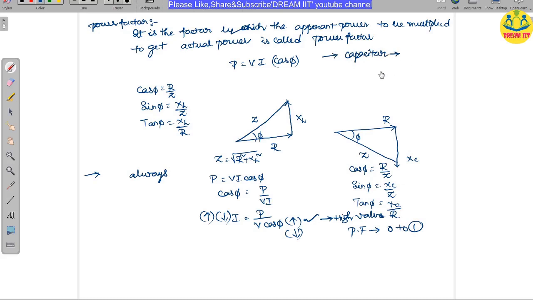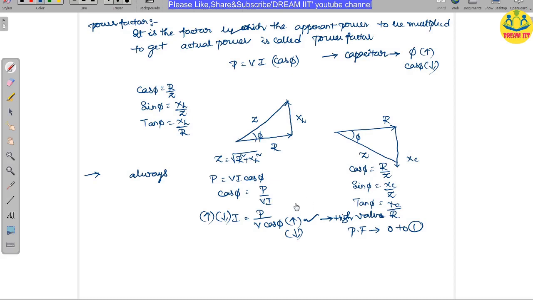What is the meaning of the power factor being improved? What is the value of phi? Whenever you increase the phi angle, the cos phi value decreases. What is cos 0? It is 1. Cos 90 is 0. So whenever you increase the angle, the cosine value decreases.